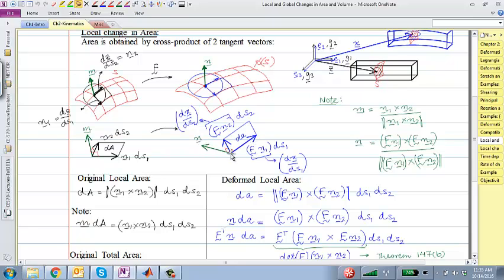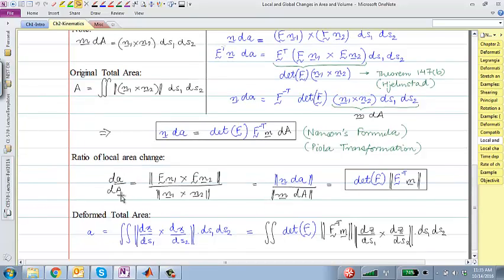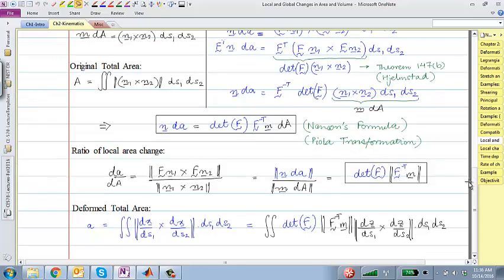So this N is not obtained by operating on the normal vector with F. After some algebra, we found that the ratio of the deformed area to the undeformed area is given by the determinant of F times F inverse transpose acting on M. This was Nanson's formula, or the Piola transformation as some people call it.